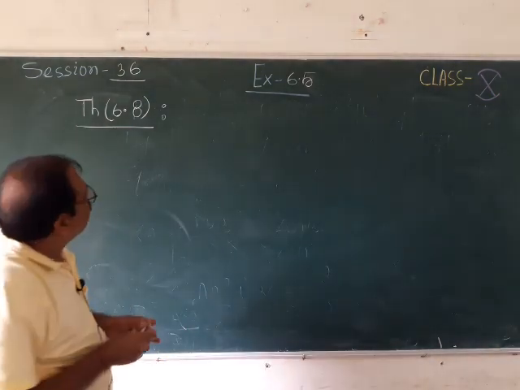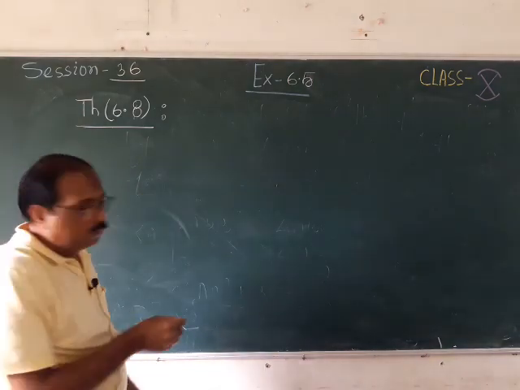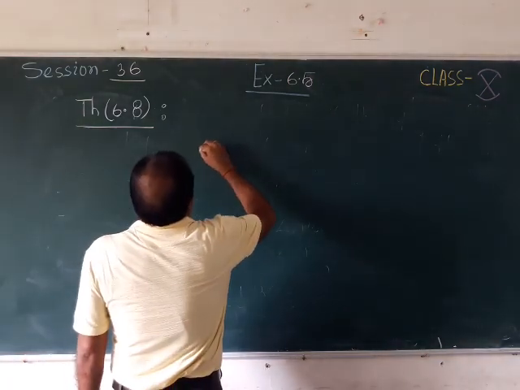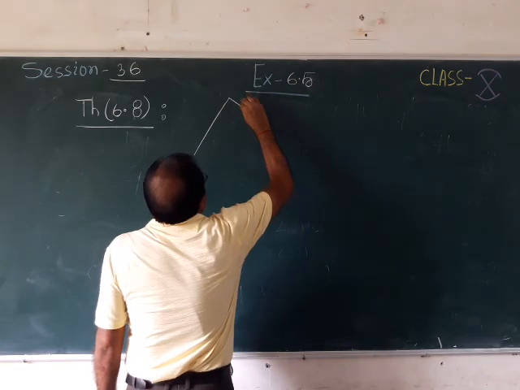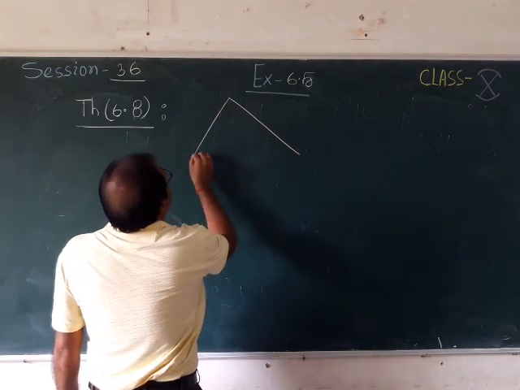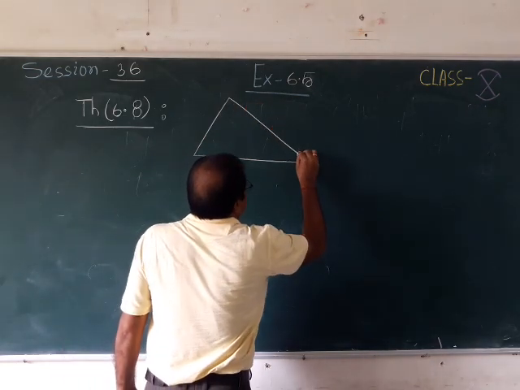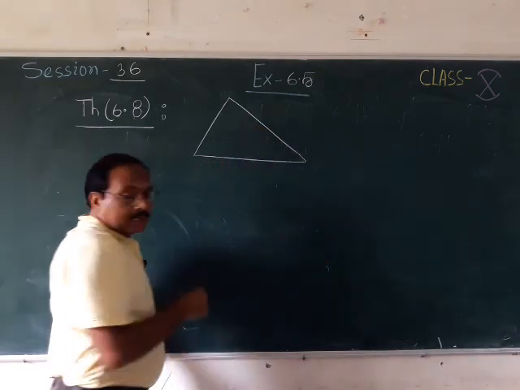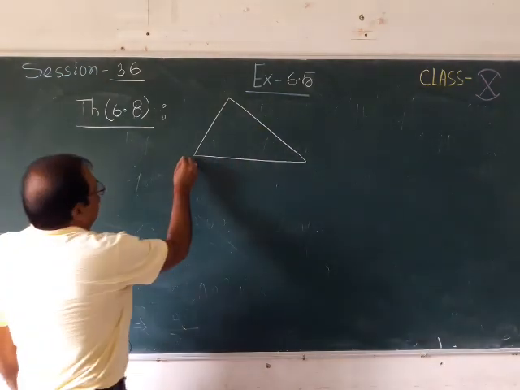First, how to prove? So in proof, first of all you need to draw a right angle triangle. Just see, I am going to draw a right angle triangle like that this time, because it will help us to understand many things.